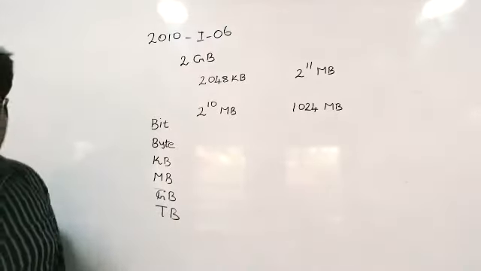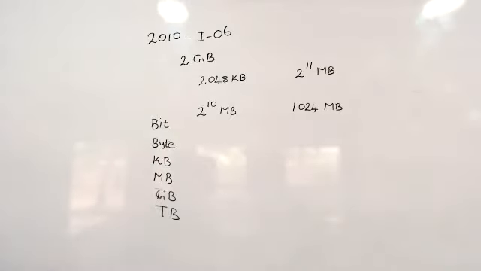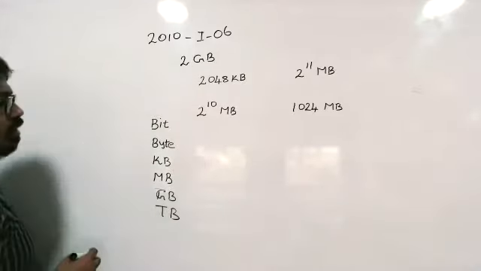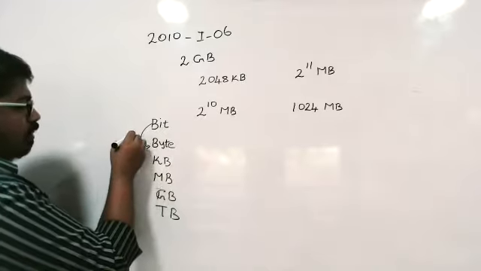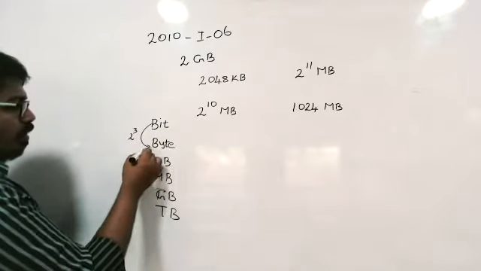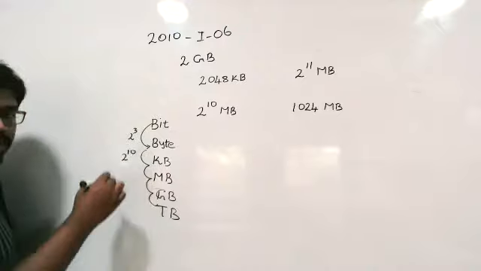These are the basic data measurement units you have to consider. And you must know the relationship between these units. This is 2 to the power 3. All others are 2 to the power 10.